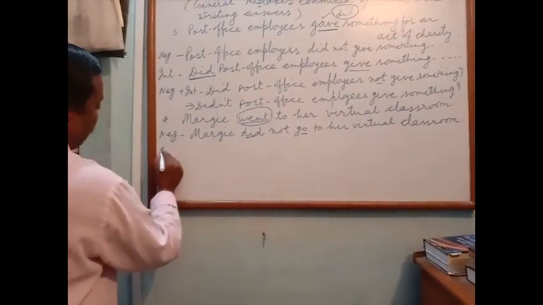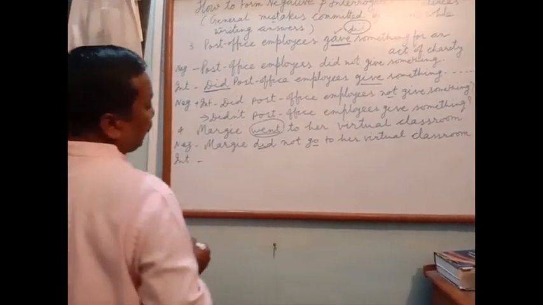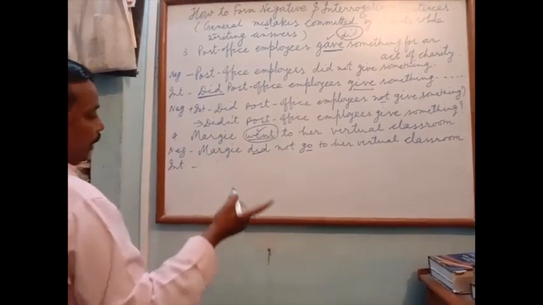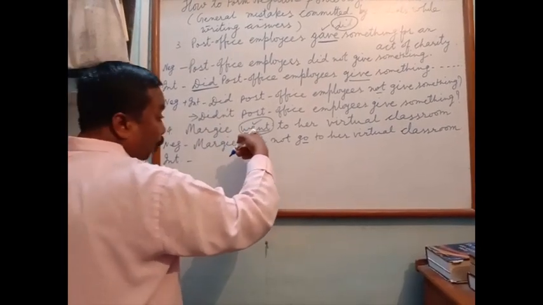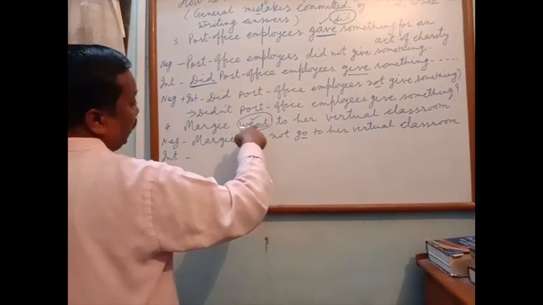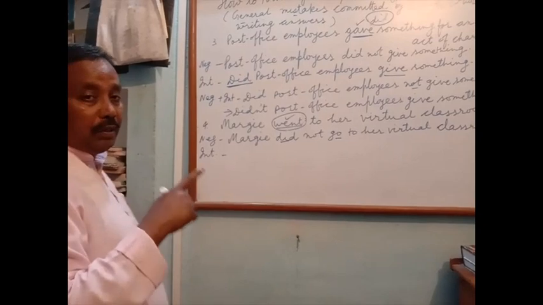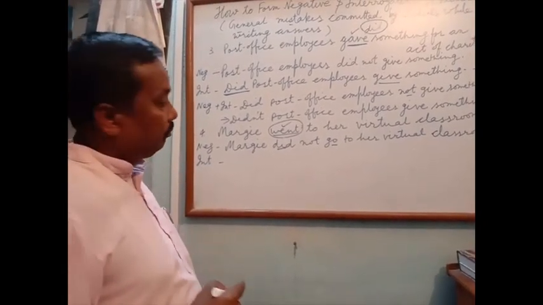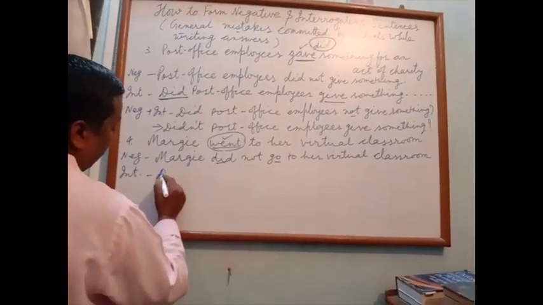Now interrogative. Take out the helping verb. What is the helping verb hidden here? Did. If goes, then does. If go, then do. Because we well know that the verb is always in plural form. But here it is went, so take out did.